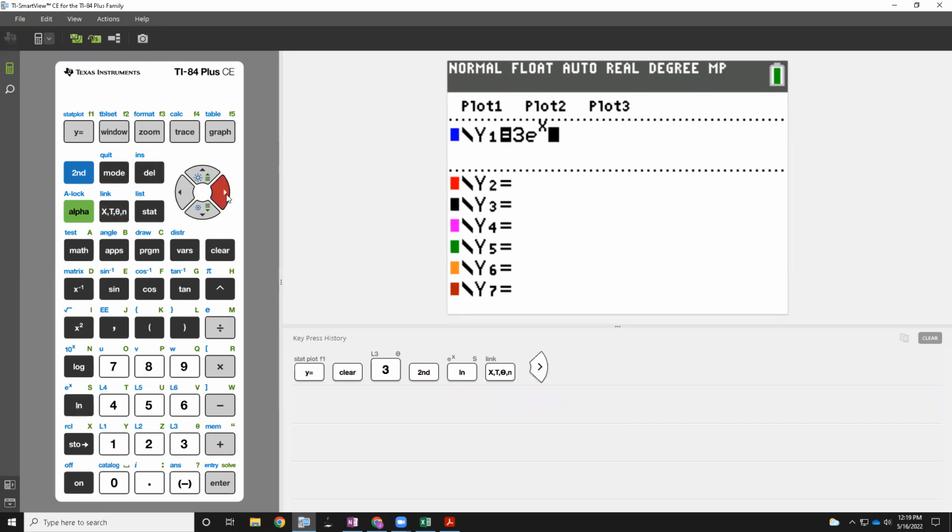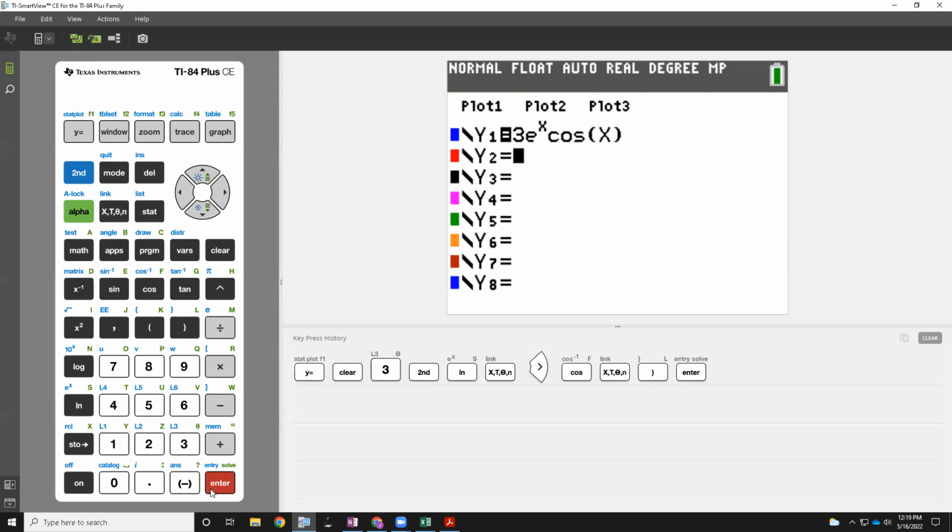Press the right arrow to exit the exponent, followed by cosine of x, and then press enter. Now, as it stands, if I try to show that the graph of the tangent line actually did touch it very nicely at that one point, it wouldn't work on my graphing calculator.